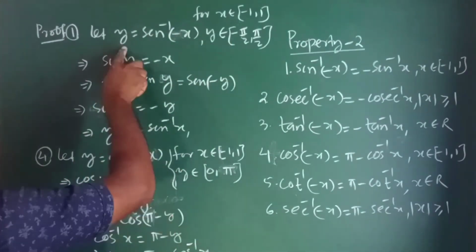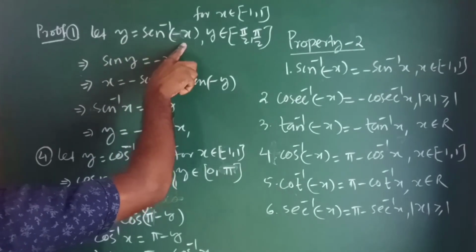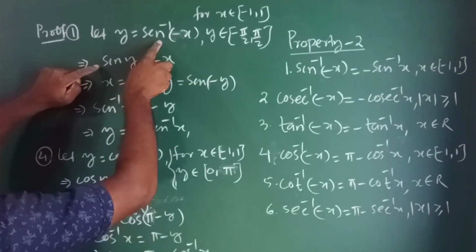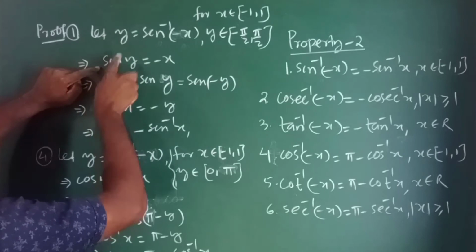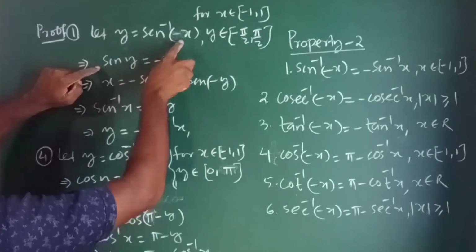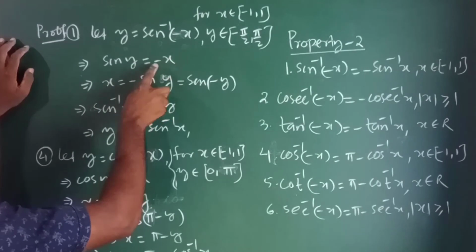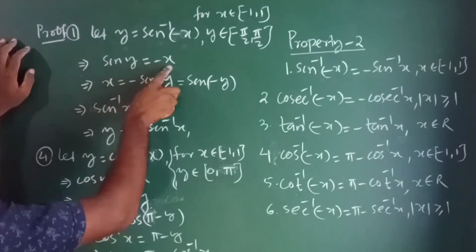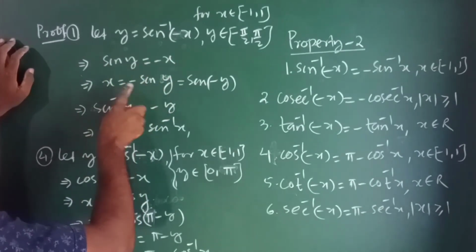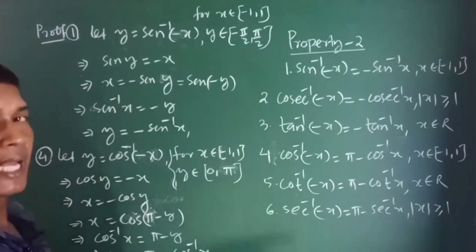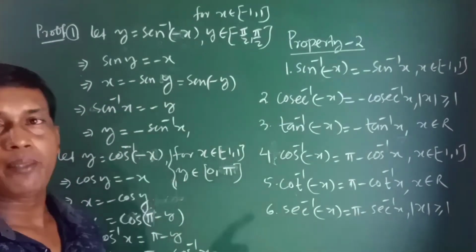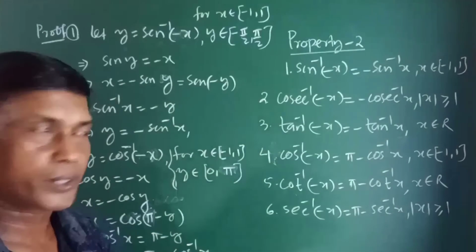Now if y is equal to sin inverse minus x, then sin y is equal to minus x, and if sin y is equal to minus x, multiplying by minus 1, x is equal to minus sin y, and minus sin y can be written as sin minus y because sin is an odd function.